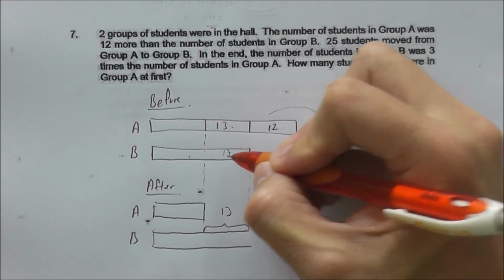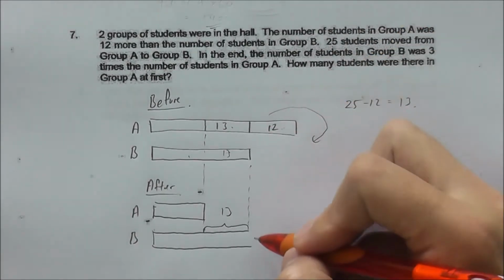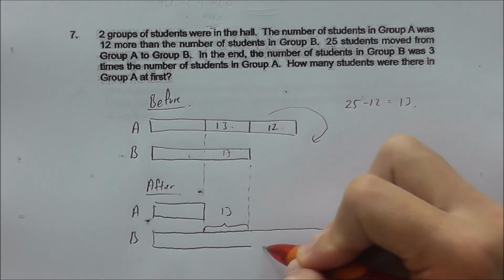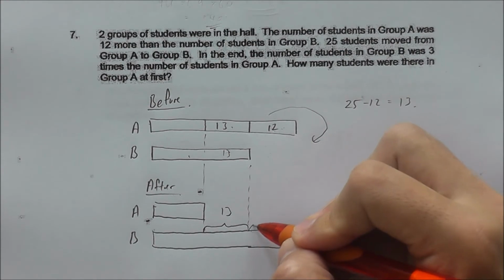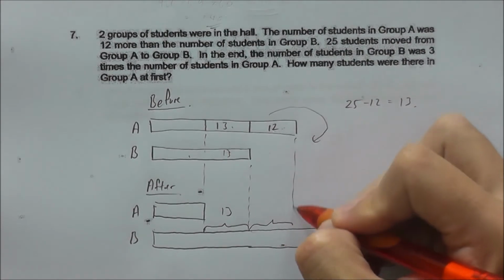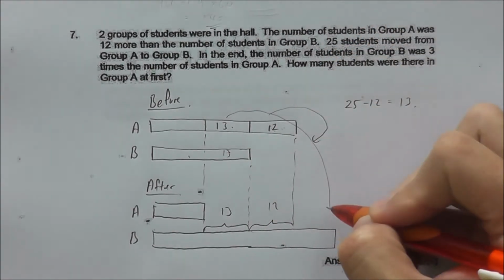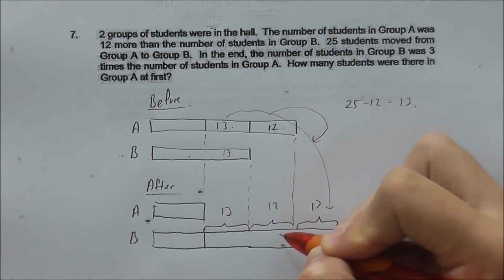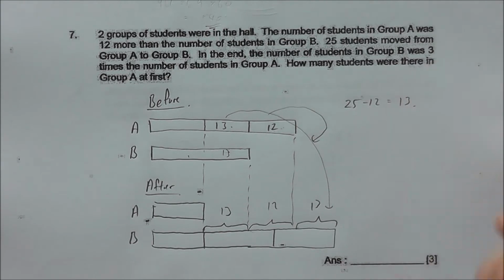And B would have another 12 here, because this 12 will come here also, and this 13 would come here as well. And you find that now B is 3 times the number of group A.